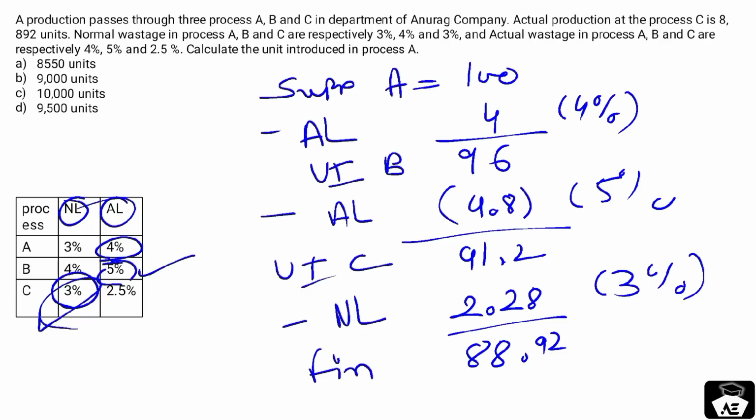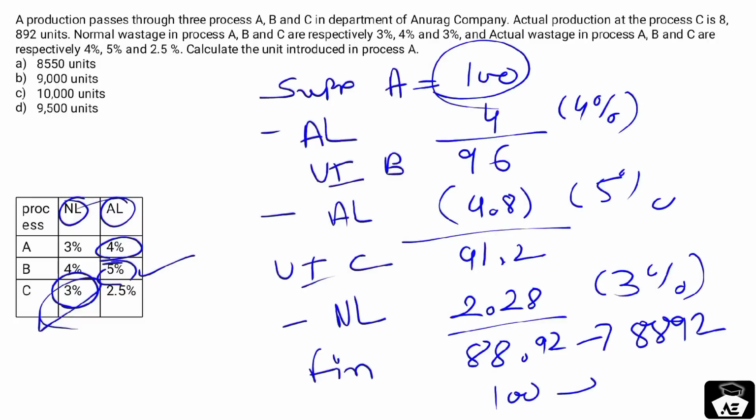Now it's quite simple. You have the value as well as the percentage of finished goods on 88.92. Your units of finished goods are 8,892. What will be the units introduced at 100%? You can solve this the simple way.